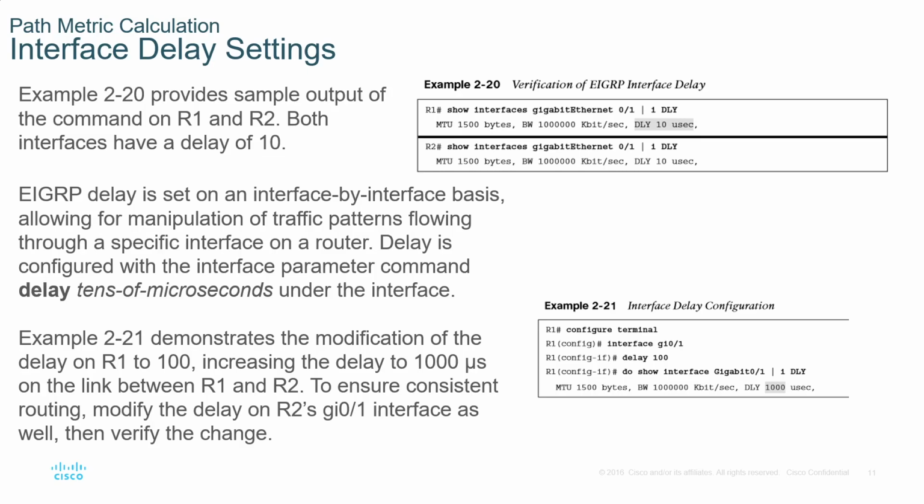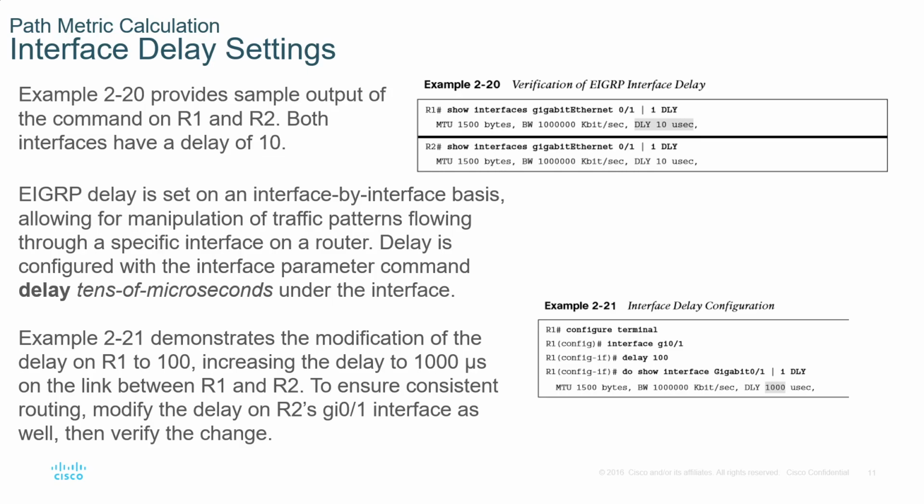So if you go into your interface, type in delay and then give it its new value, remember these are in tens. Okay, so 100 equals 1,000. So we can change our delay to give us a different metric calculation.